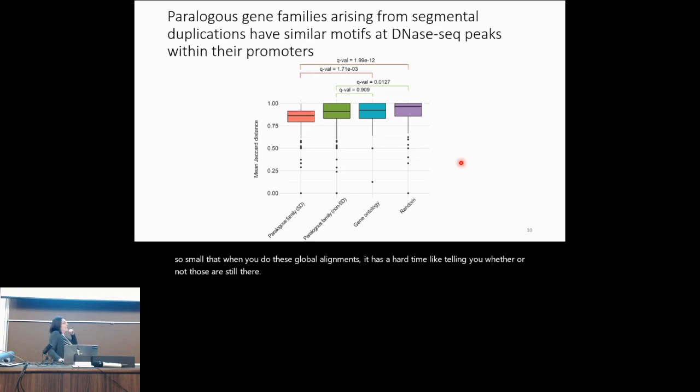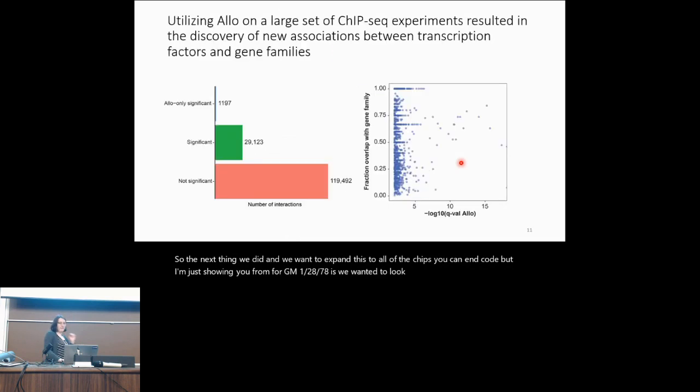So the next thing we did, and we want to expand this to all of the ChIP-seq on ENCODE, but I'm just showing you GM12878, is we wanted to look at whether, when we look at gene families, there were associations between transcription factors and gene families that you cannot find if you do not deal with multi-mapped reads.